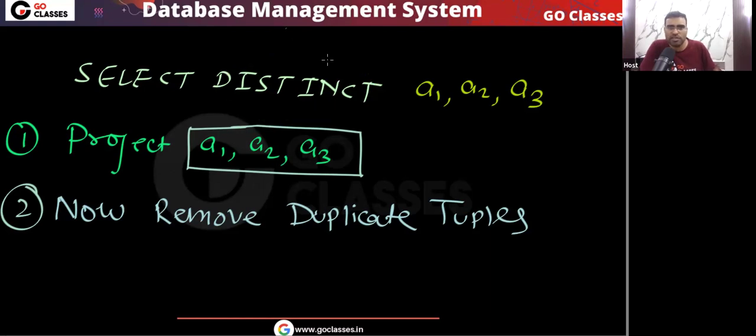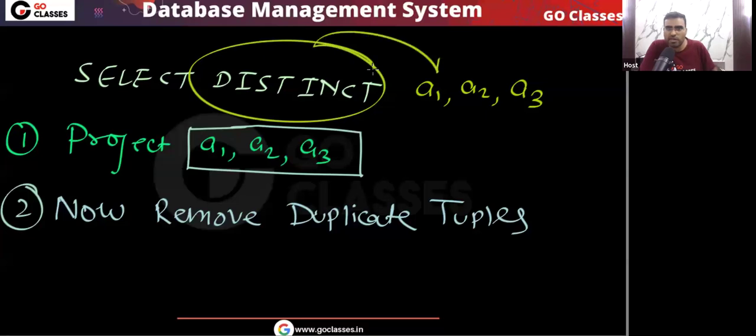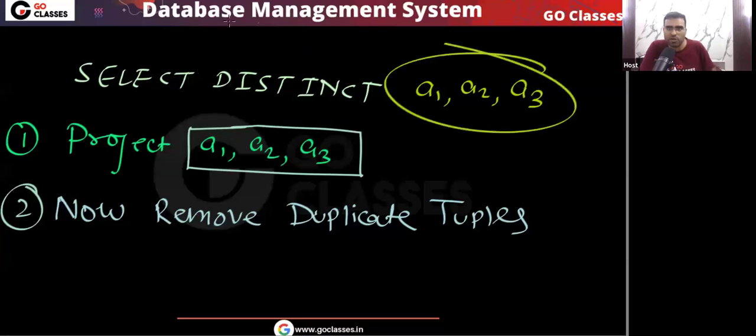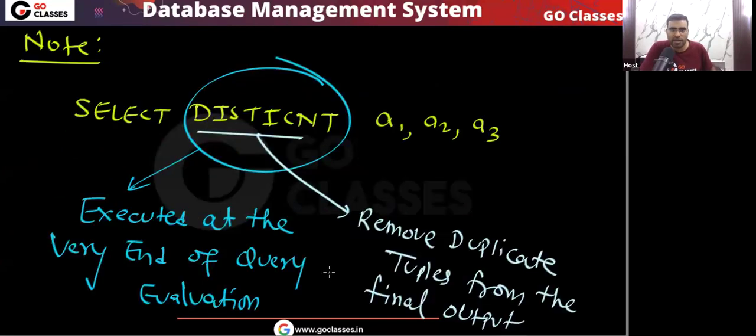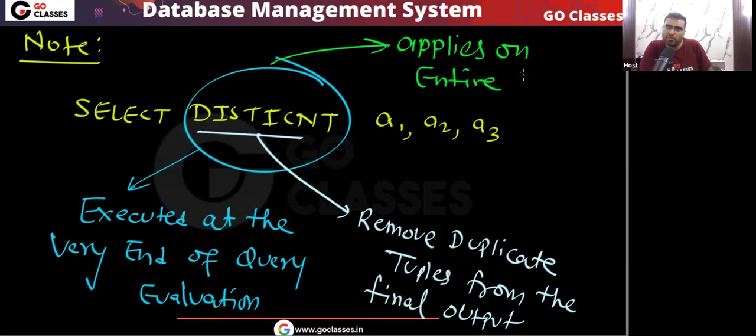So don't think that this distinct applies on A1. No, no, it does not apply on A1. This keyword applies on the entire tuple.